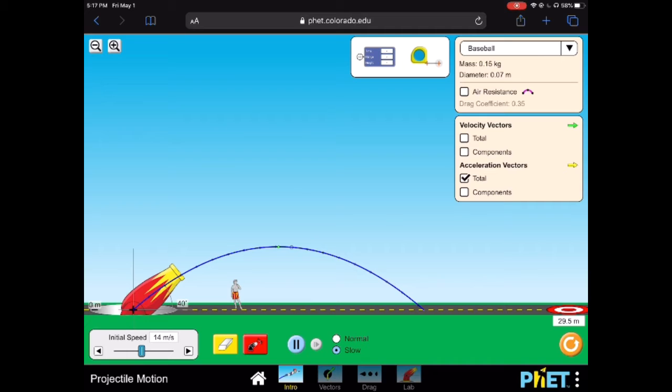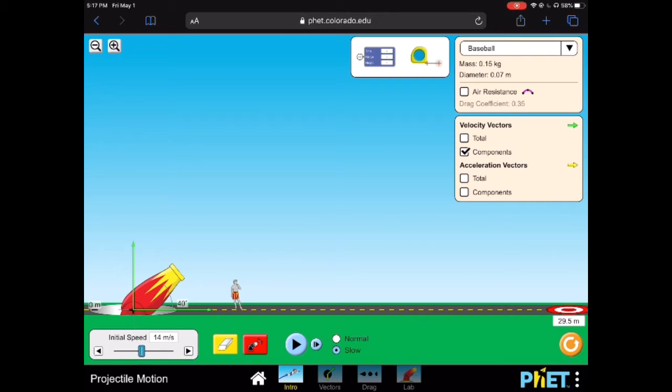Now I'm going to remove that acceleration vector, and I want to discuss the velocity vector and specifically its components. Let's do it one more time. My angle is also 40 degrees. I can adjust all of these, but I'm not talking about the numbers here.